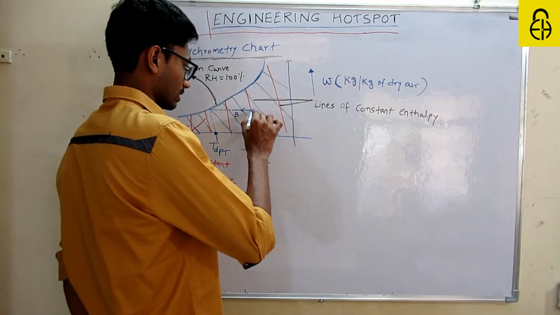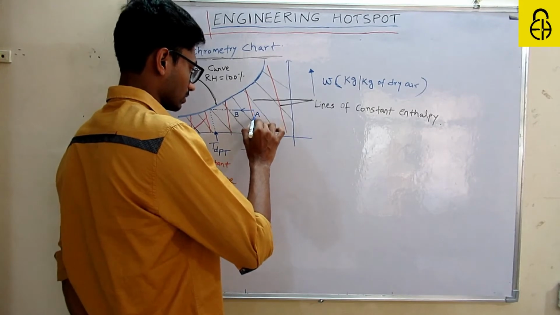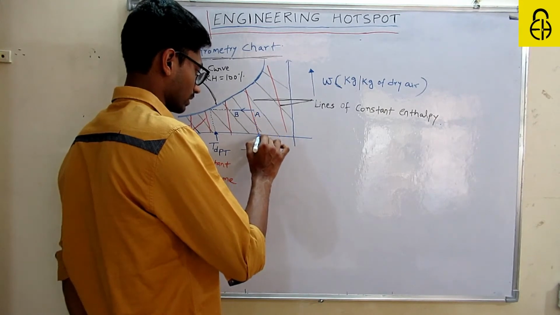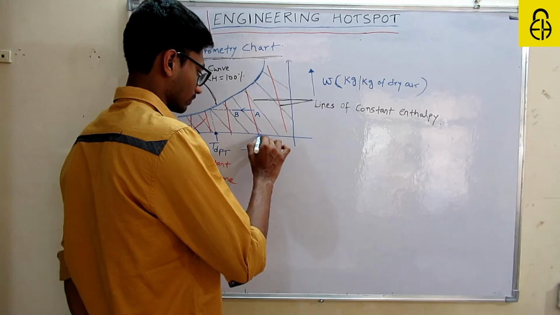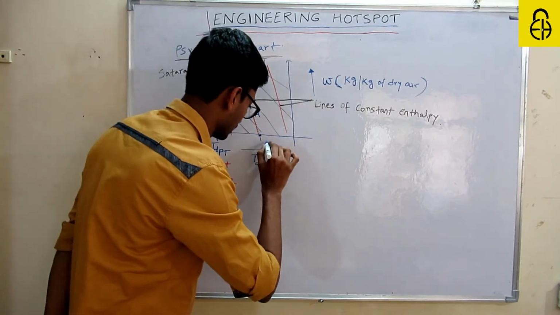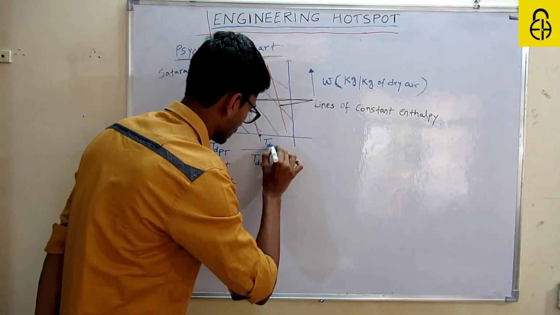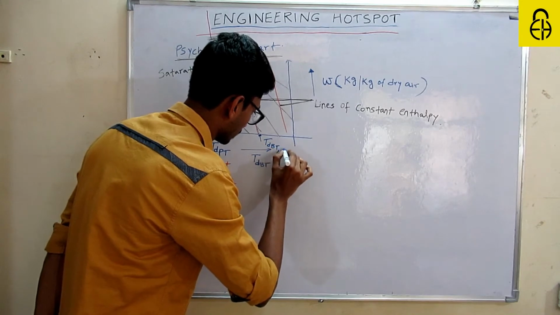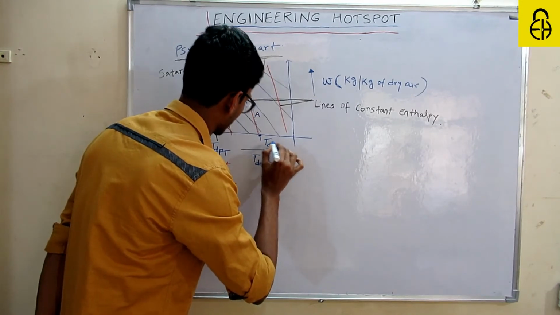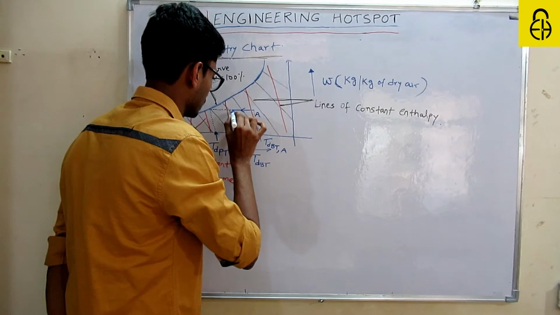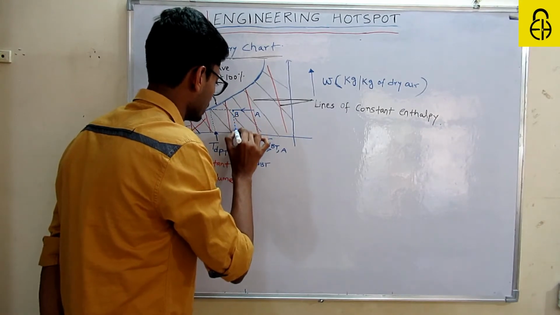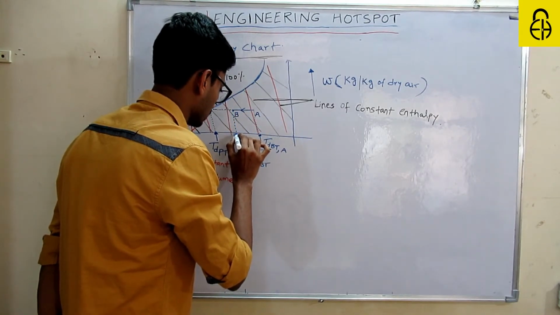And how will you determine the DBT of this process? At A, you just have to draw a vertical line. This will be the DBT of A, and at B, DBT will be different.